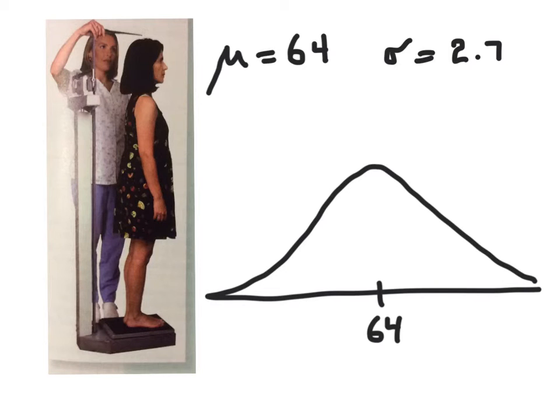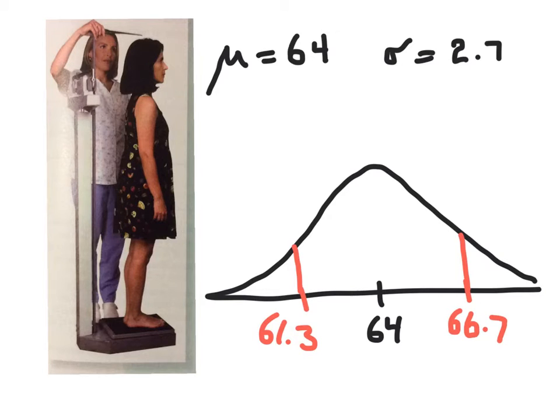Okay, so here we go. We've got the average is 64, so for our population, mu, and a standard deviation of 2.7. So what does that kind of tell us, just as a review? So if we go 2.7 inches on either side of this, what does that look like?